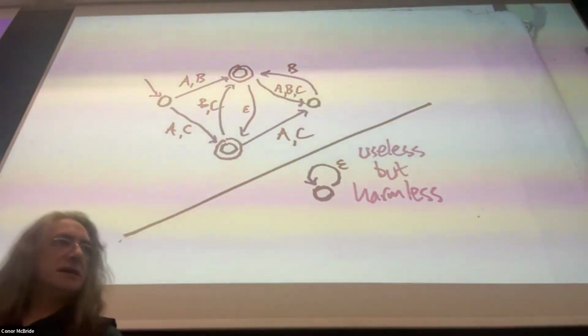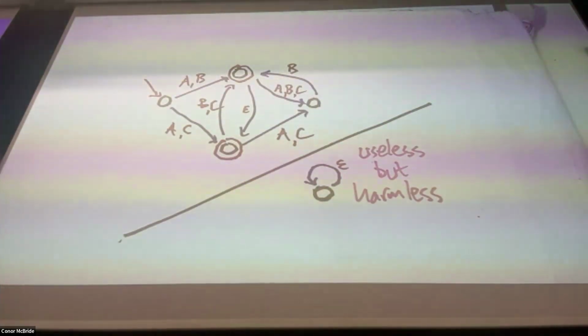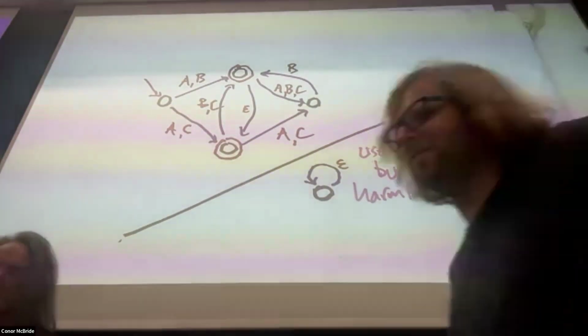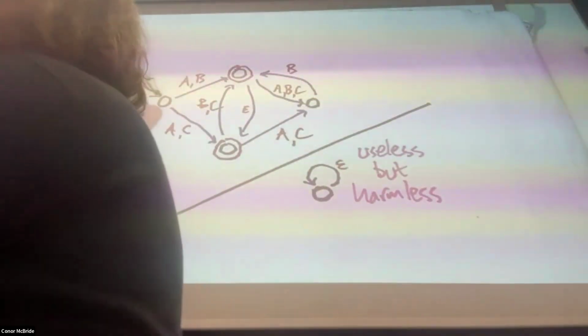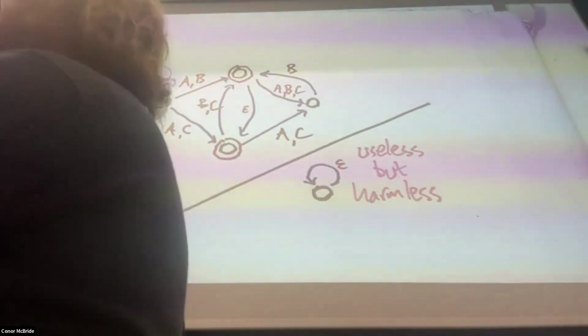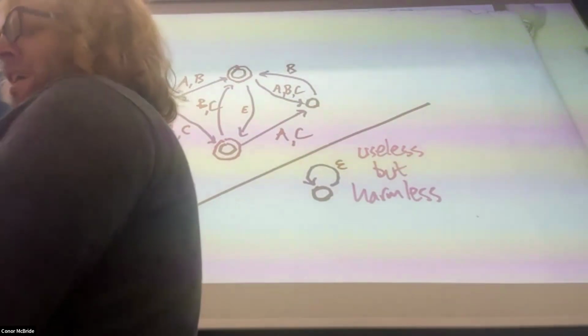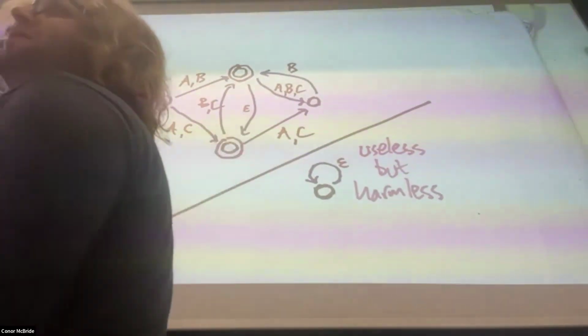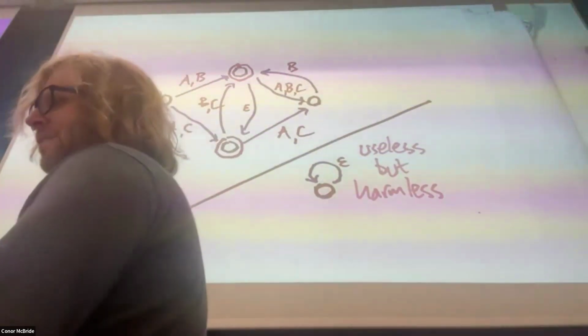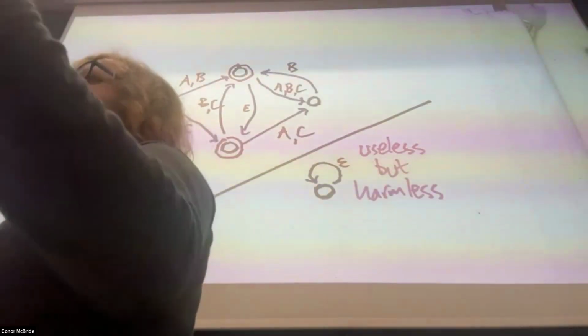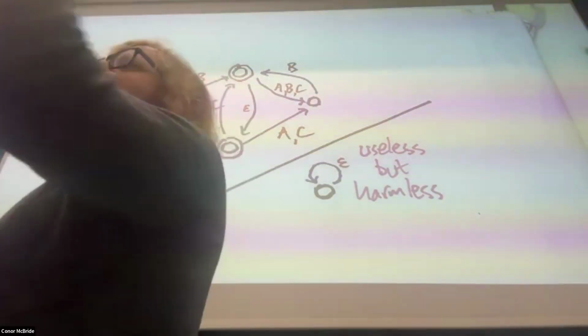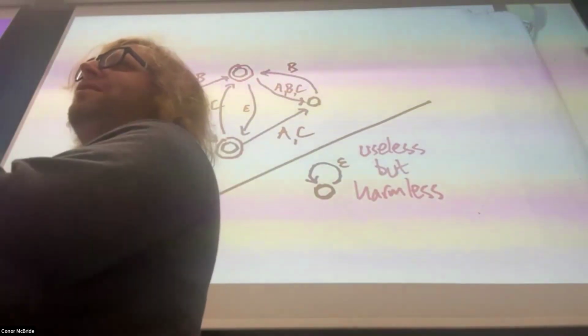I suppose we should write down a definition. Maybe can I say one more thing? Please do. In our previous definition, we had exactly one starting state. But now if we have these epsilon transitions, then if we want more than one starting state, we can always make a new starting state, and then make epsilon transitions to all the states we really want to start from.